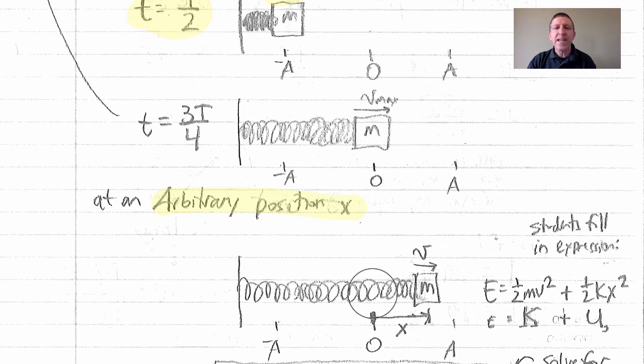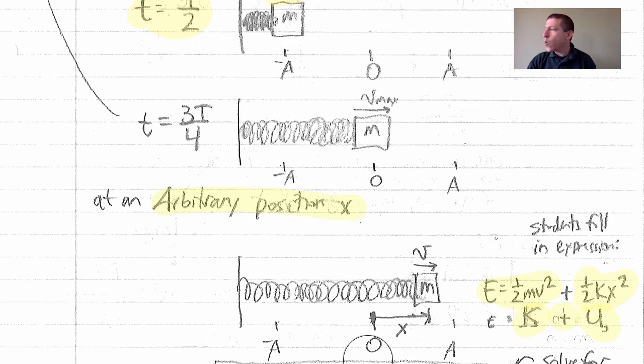How can we express the energy? Well, at any arbitrary position, its energy is going to consist of kinetic, 1/2 mv squared, plus potential, 1/2 kx squared. Notice we're not using A here because it's not at the extreme. It'll be the kinetic energy plus the spring potential energy. That is at any arbitrary point.